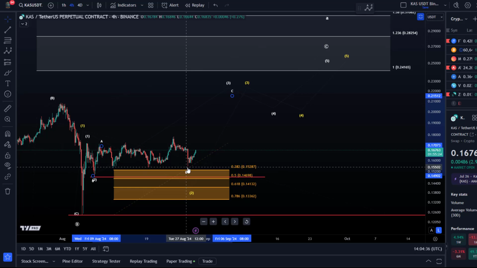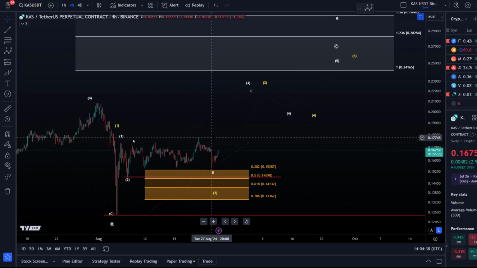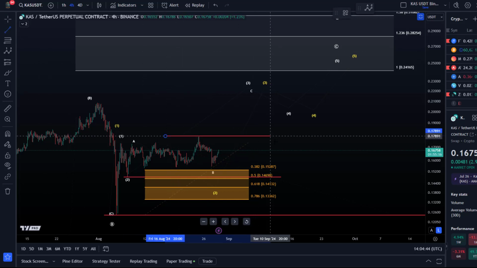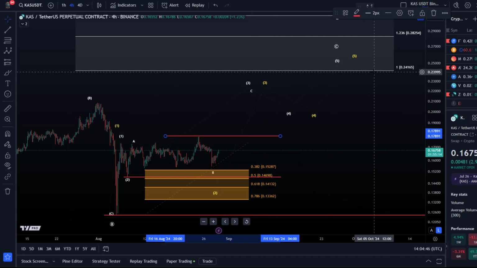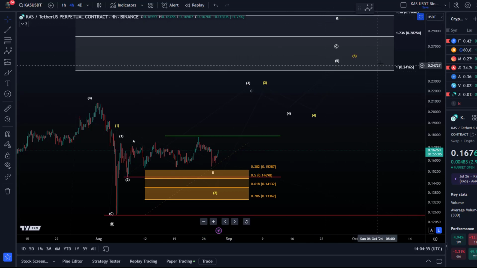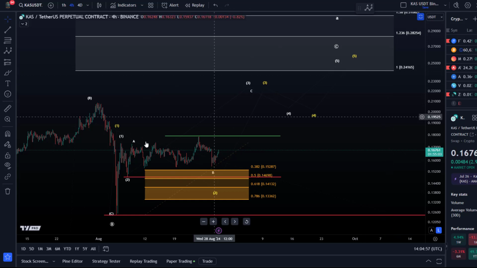I don't see one at the moment. So the best we have is a breakout point, which is here at 17.8 cents. So any sustained break above that level would indicate that we are on our way in wave C of 3 higher, overall towards the 24-cent region, which is the next larger upside target, as I just mentioned.